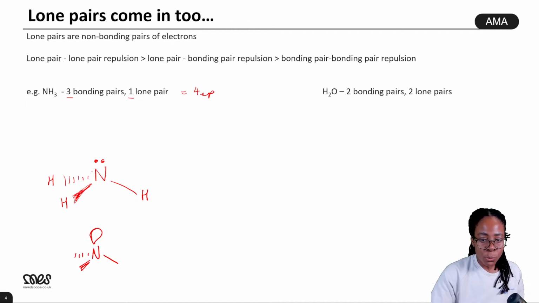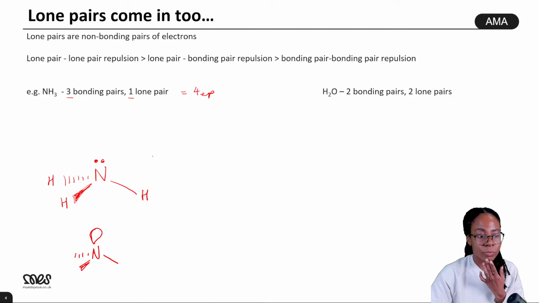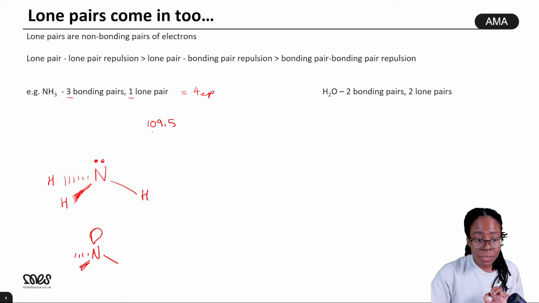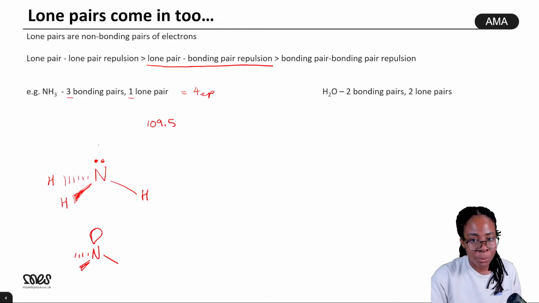So, if this was tetrahedral, what would the bond angle be? Remind me. Lovely, thank you. 109.5. But because lone pairs are going to repel the bonding pairs more than if it was just a bonding pair, that's going to reduce the bond angle.